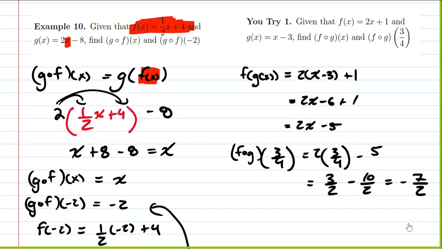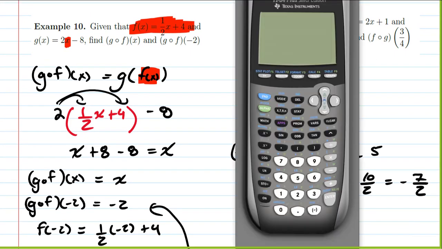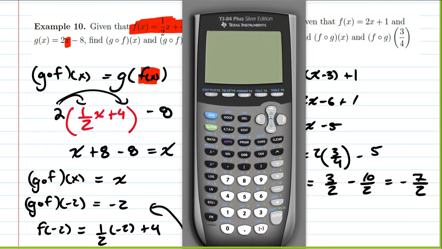So we can also use our graphing device to do some of these computations. If we wish, we could put f and g into y1 and y2. So f is 2x plus 1, and g is x minus 3.